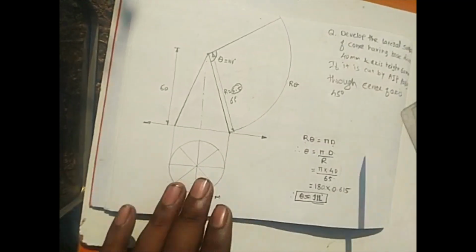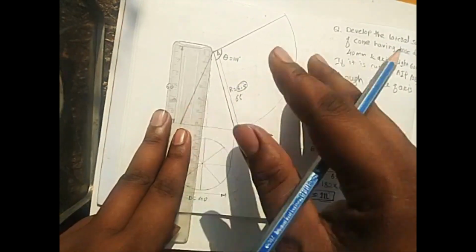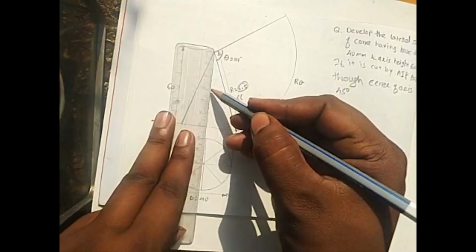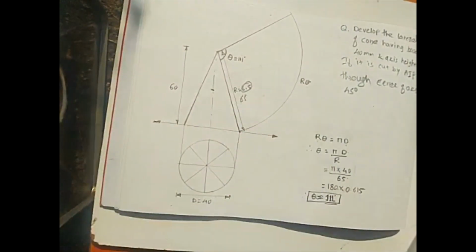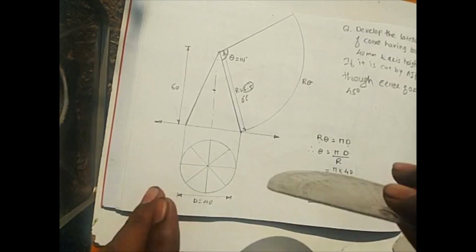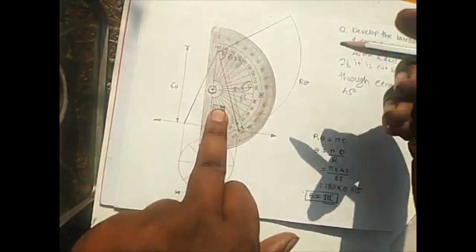For that, what we need to do is first find the center of this axis. This is 60 mm, so its center here is at 30. We have the center here. Then we just put the protractor and find the 45 degree line.